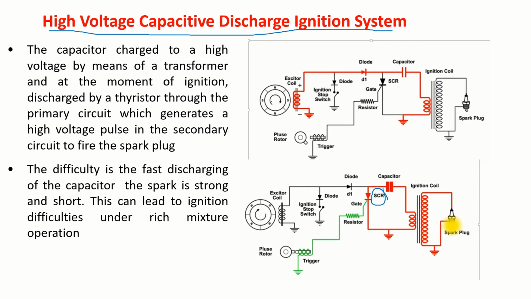So now the thing is, as it rotates, now the voltage will pass through like this, charges the capacitor, also the primary circuit. So it keeps on charging the capacitor as well as this induces the voltage in the primary circuit here in the first one. Please look here, there is a pulse rotor. This is also rotating.